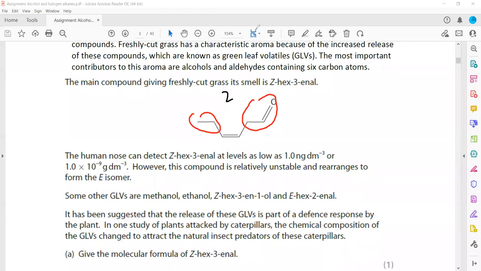So we draw the same structure, but instead of this being up, we now make it down. One heavy group is down and the other is up. That will become E-hex-3-enal.